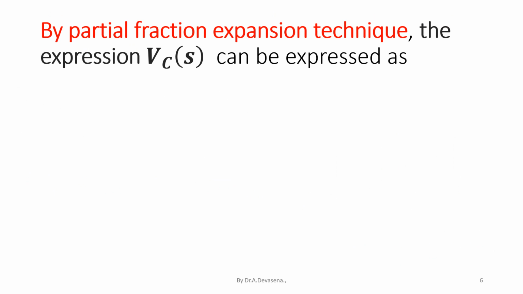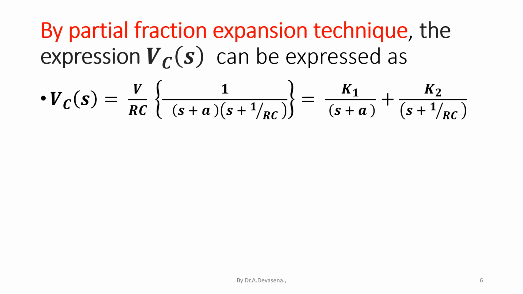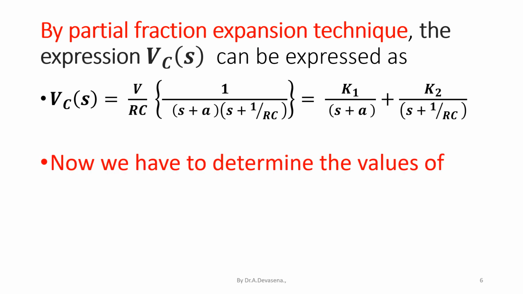By partial fraction expansion technique, the expression V_C(s) is equal to V divided by RC, the whole bracket 1 divided by s plus a into s plus 1 by RC, that is equal to K1 divided by s plus a plus K2 divided by s plus 1 by RC. Now we have to determine the values of K1 and K2.